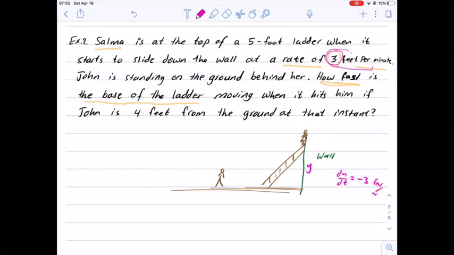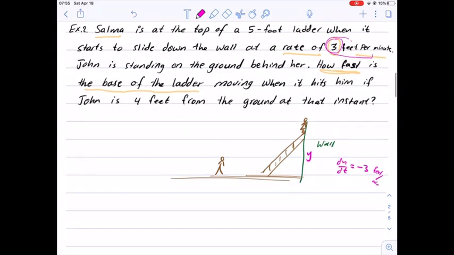So negative 3 feet per minute. That's why we put the negative sign, because the vertical length, the quantity y, is shrinking over time.